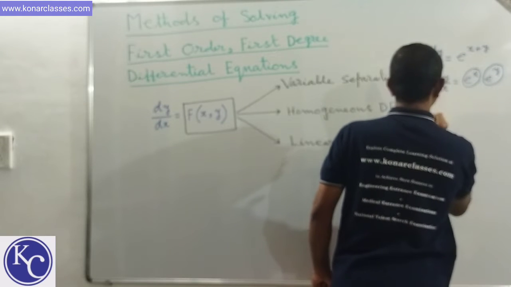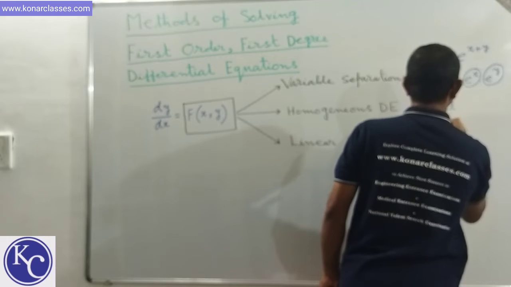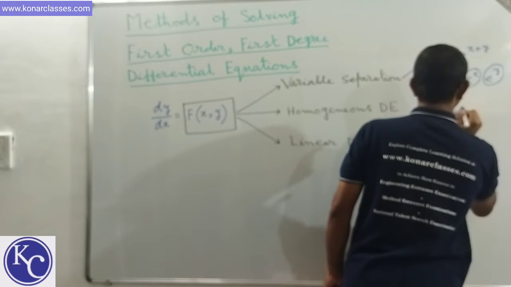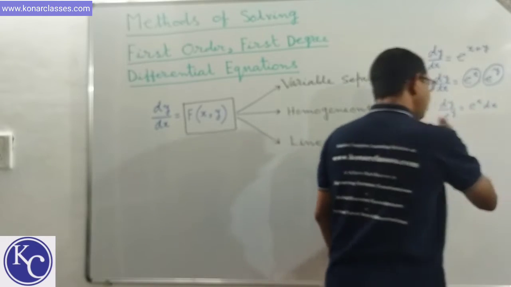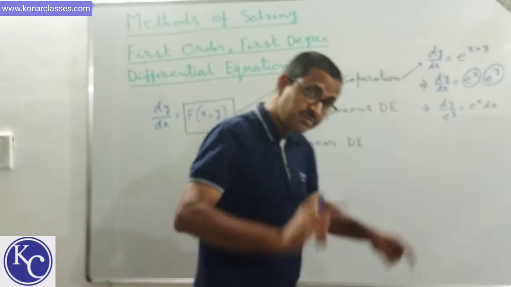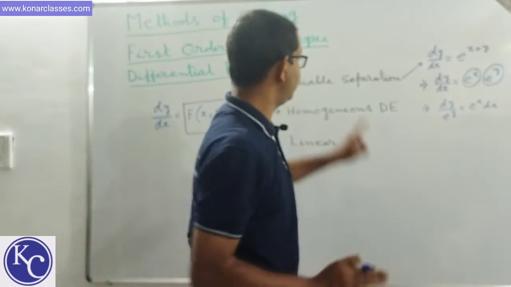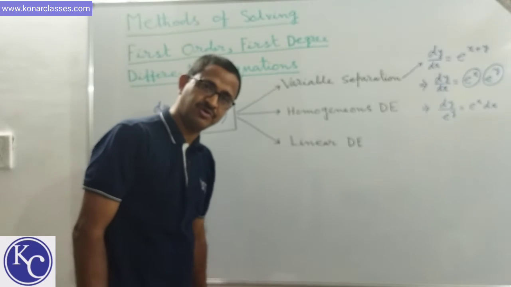After that, we will write dy by e power y is equal to e power x into dx, and we will solve. How to solve that we will discuss in the next session, which is dedicated to the variable separation method.